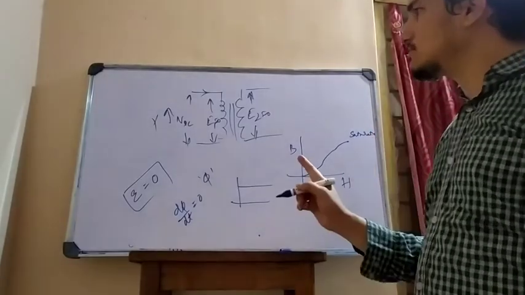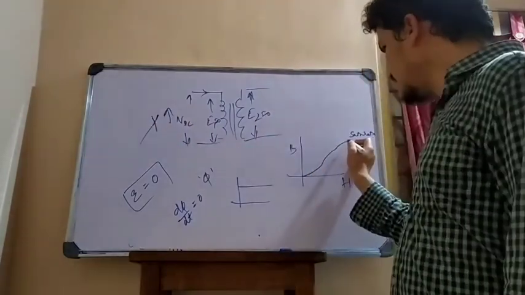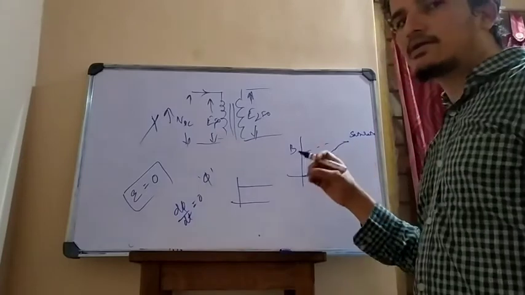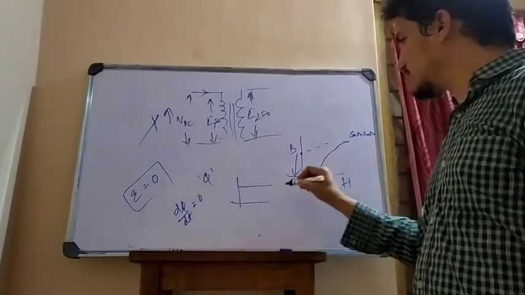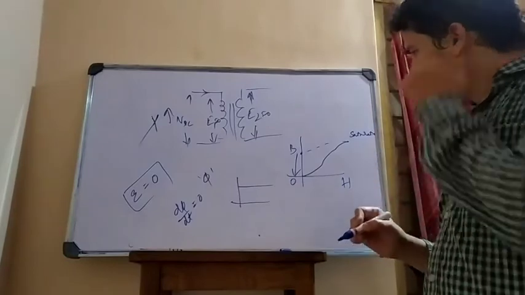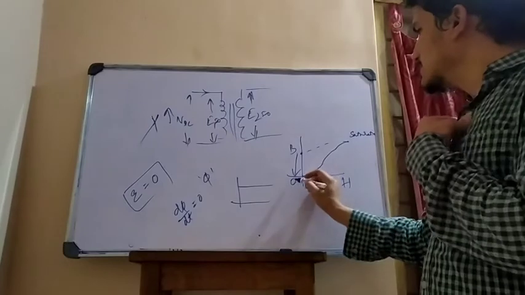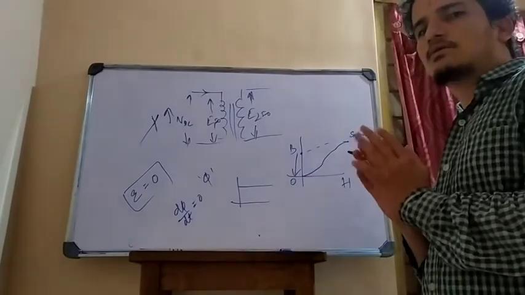If it has not reached the saturation point and you switch off DC, it will retain some magnetic field in it, and after some time it will completely come to zero. The same BH curve, that hysteresis curve you have learnt, it will come to zero after a certain span of time.